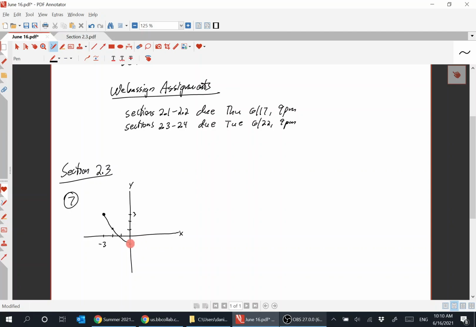And then it crosses the x-axis again, but it doesn't really tell you. It's just slightly to the right of the 1. Then it goes up to this point, 2, 3. To this point here. And then 3, 4. So it goes like that. And then it comes down 1 and stops.